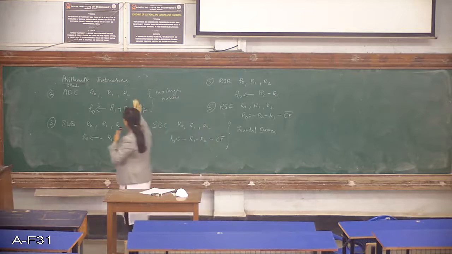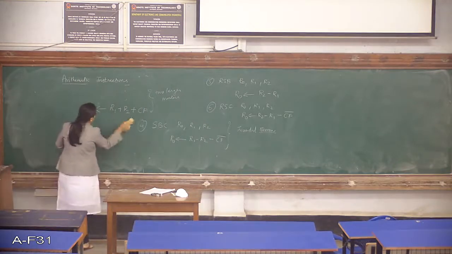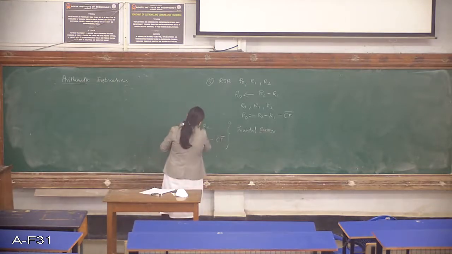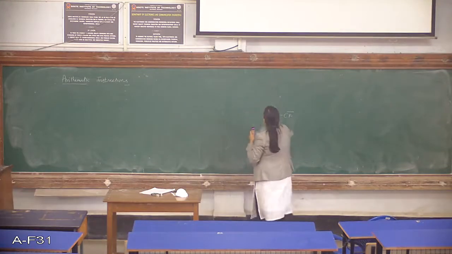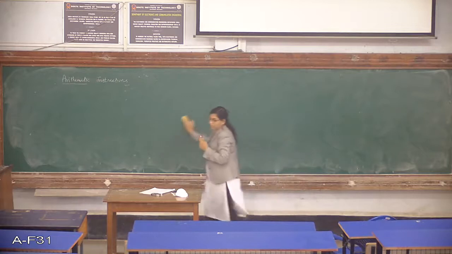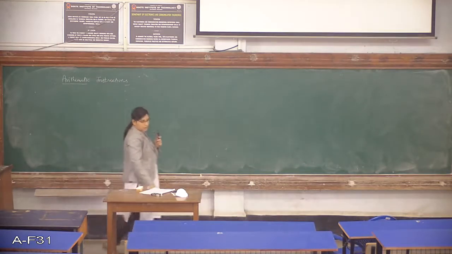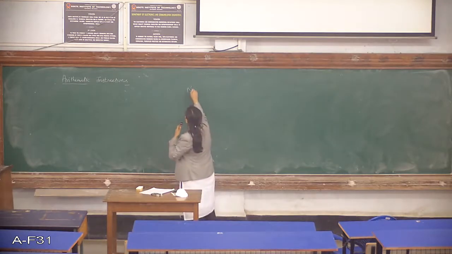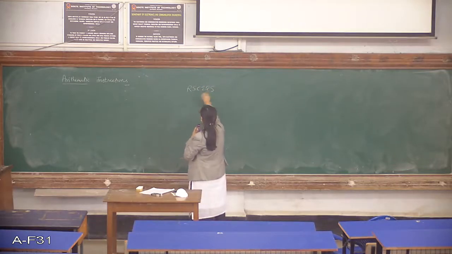Next, let us go with the instruction of multiplication. One more thing you can also mention with any of these instructions: suppose if I take RSC, I can also mention it as RSCQS.